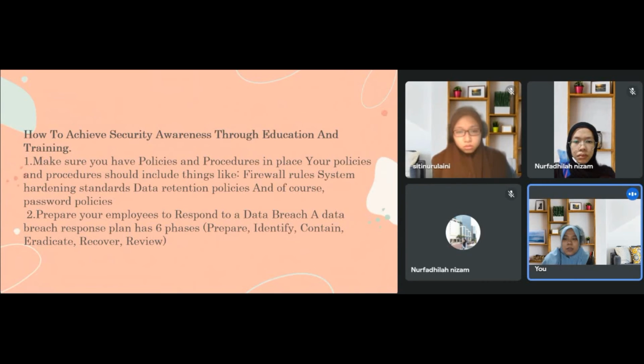And the organization has to prepare the staff on how to respond to a data breach, which has 6 phases: prepare, identify, contain, eradicate, recover, and review.